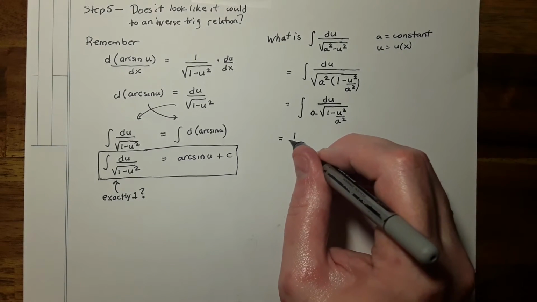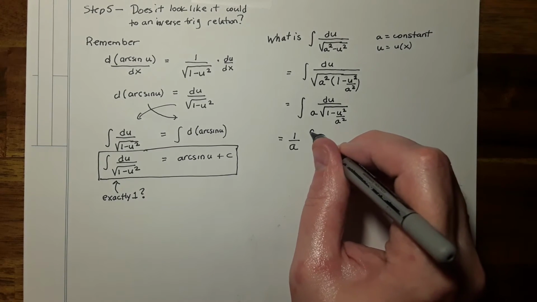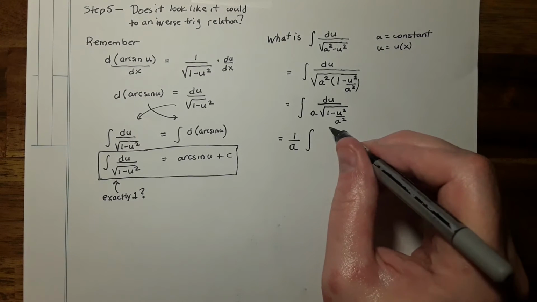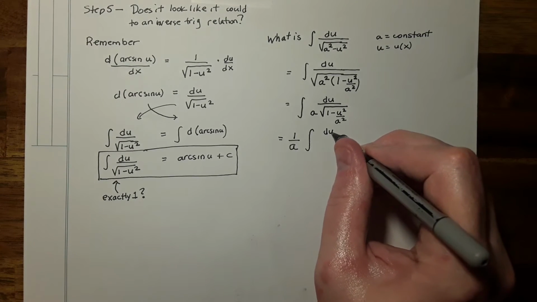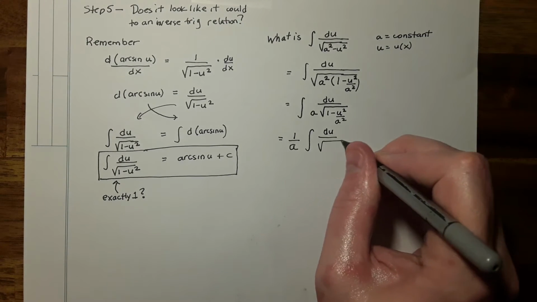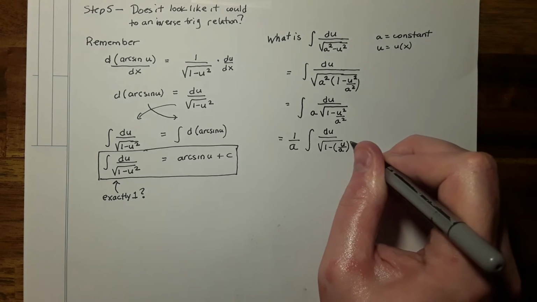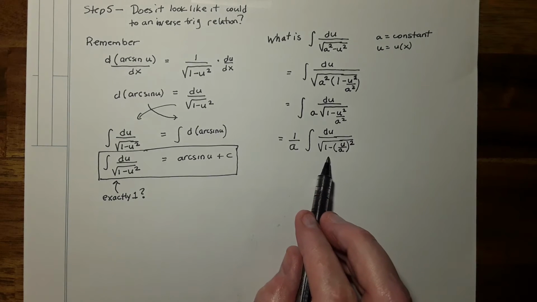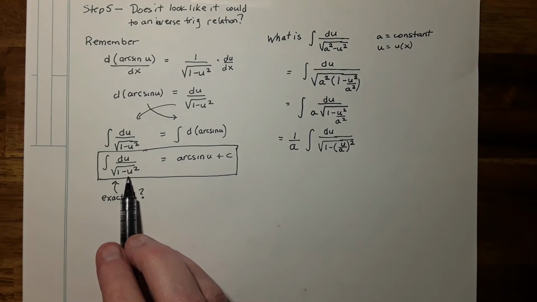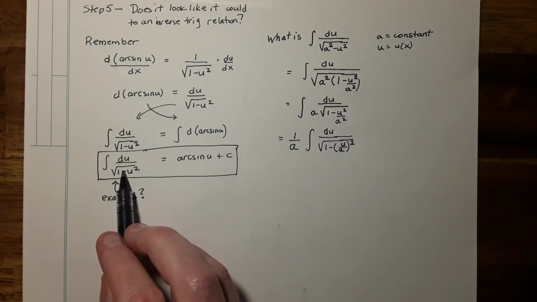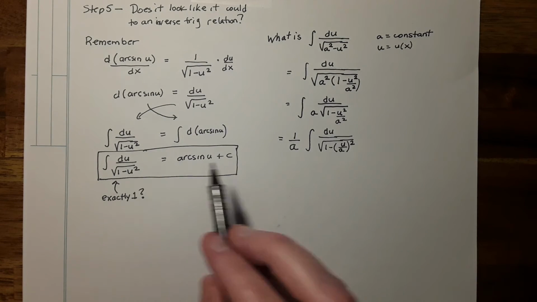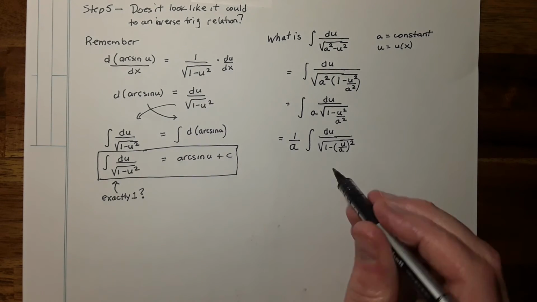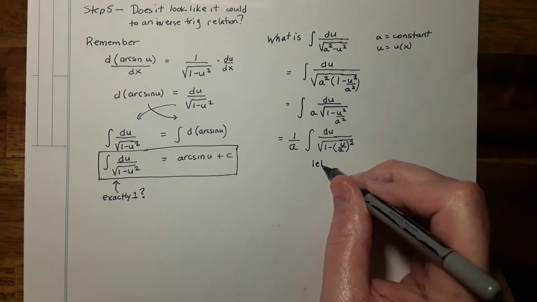Because constants can come outside of the integral, we end up with this 1 over a times the integral of du over root 1 minus u over a, all squared. Now if you compare this form to this form, you'll see that now they are extremely similar. And in order to make them identical, I can just do a simple substitution.